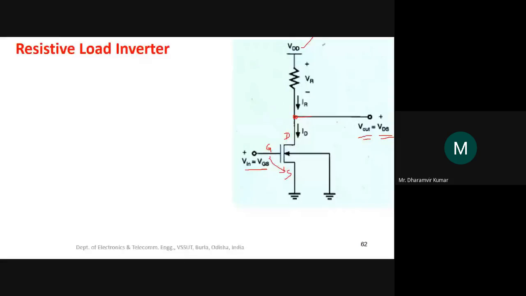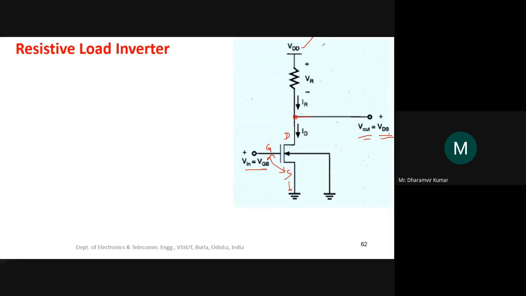Since the source is connected to ground, VGS is equal to VG minus VS, which is VG minus 0, or simply VG. So V in is equal to VGS and V out is equal to VDS.